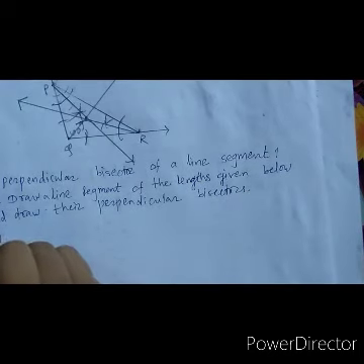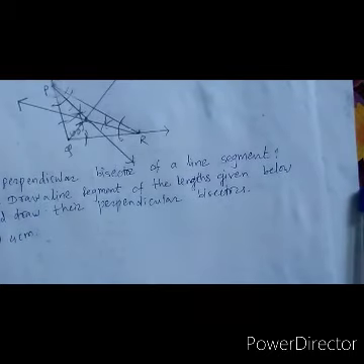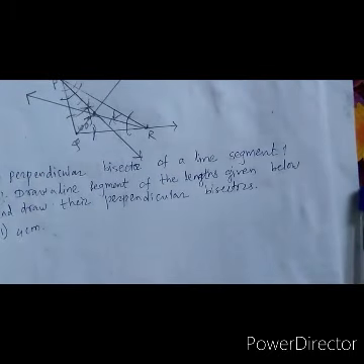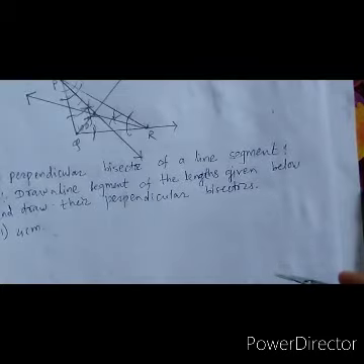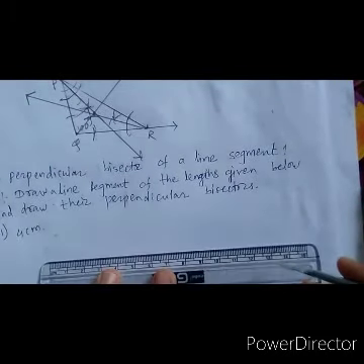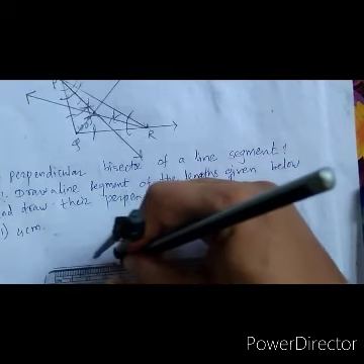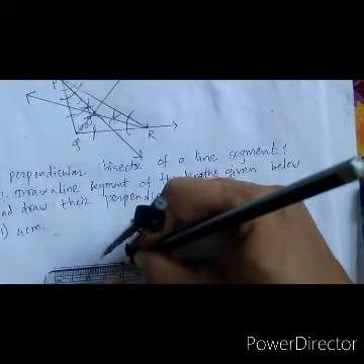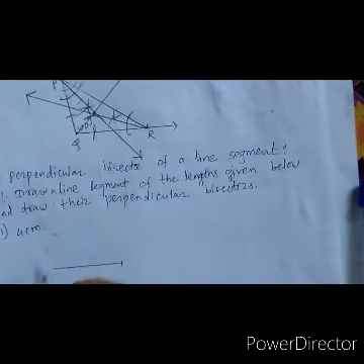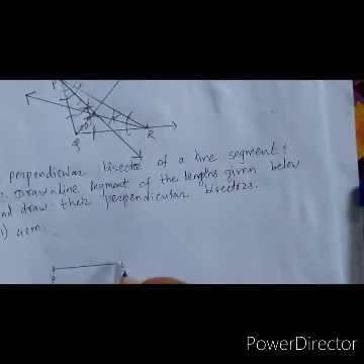So let us see example number 1, 4 centimeter. So first we have to draw a line of 4 centimeter. So 0 to 4, this is a segment. We can give the name PS, a line segment of 4 centimeter.